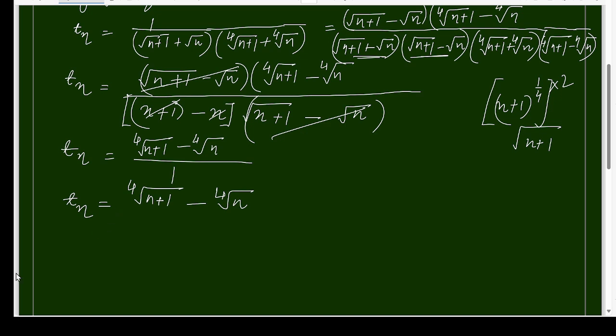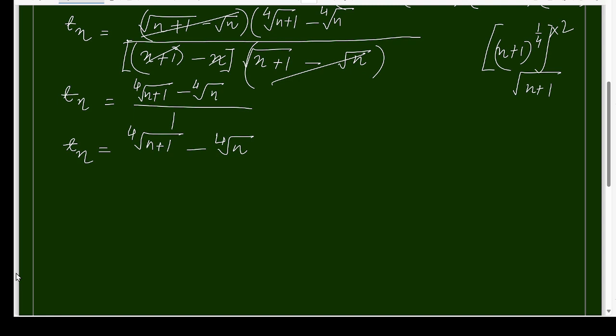After getting this, to get the sum, you need T1, T2, T3 up to T9999. So that is called a telescopic sum. T1 is equal to, when I put the value 1 here, fourth root of 2 minus fourth root of 1.